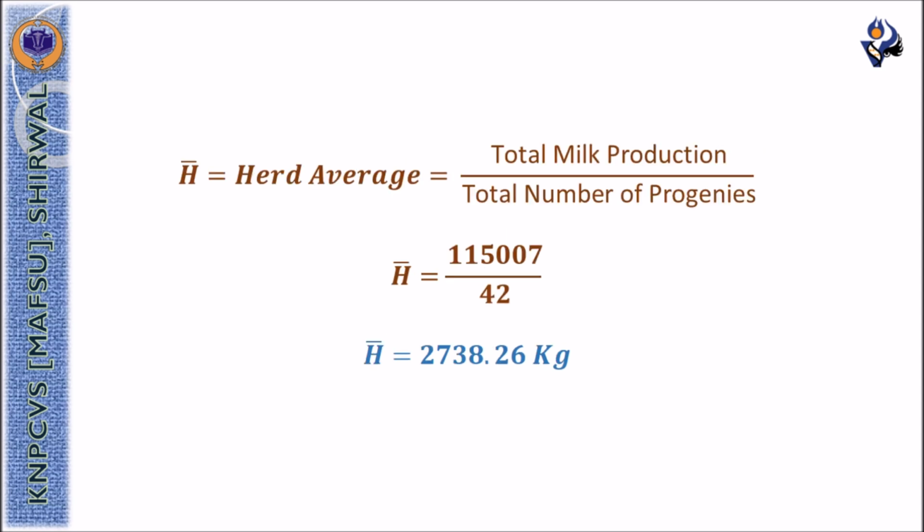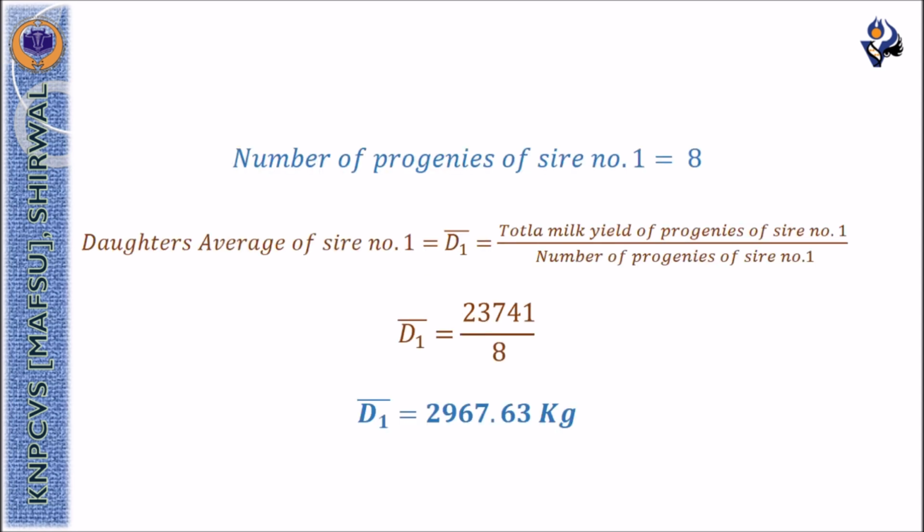The herd average, as we have calculated earlier, is 2,738.26 kilograms. Number of progenies of sire 1 are 8, and the daughter's average of sire number 1 is 2,967.63 kilograms.